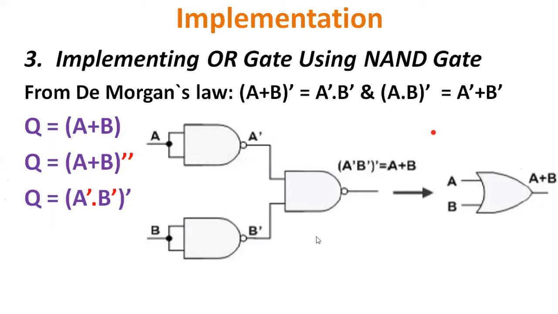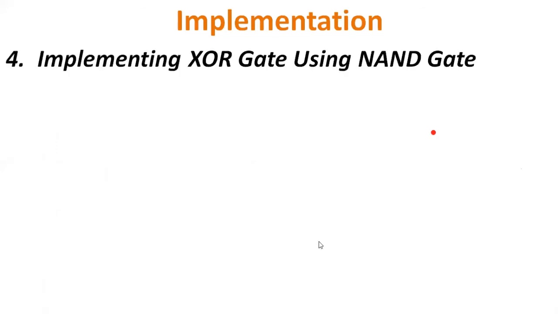So the next implementation is we have to implement the XOR gate using NAND gate. XOR gate. So can anyone tell what is the output expression of XOR gate? Output equation of XOR gate.